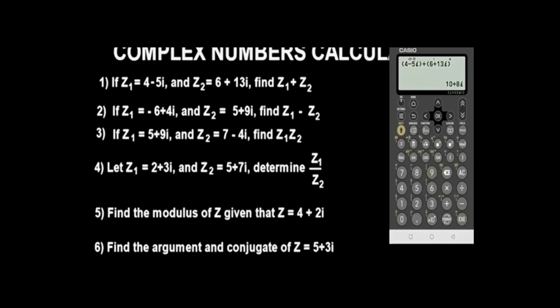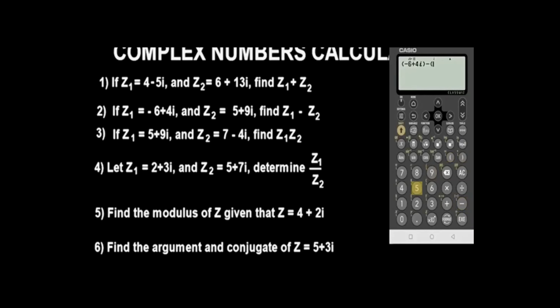So let's check question 2. Let's remove this. This is very interesting, guys. So question 2 is subtraction. Put them in bracket. We have minus 6 plus 4i, shift and this button. Okay, then we have minus in brackets.